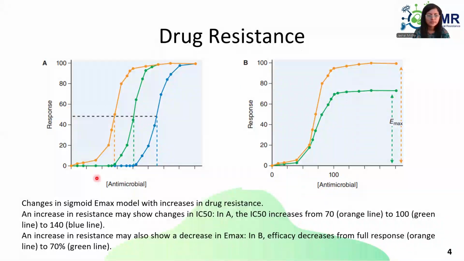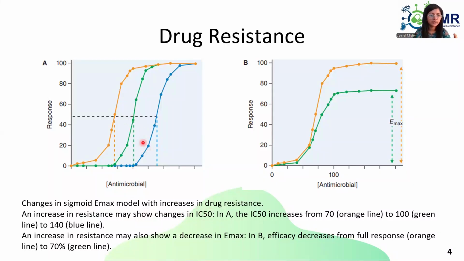The first graph shows that an increase in resistance may show changes in the IC50, right? If drug resistance increases over a particular time and duration, the time from infection to the time of diagnosis may be variable, right? So the increase in resistance is affecting the IC50 of the antimicrobial agents.